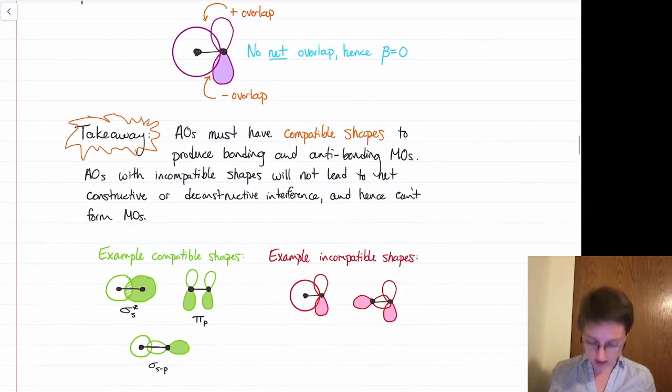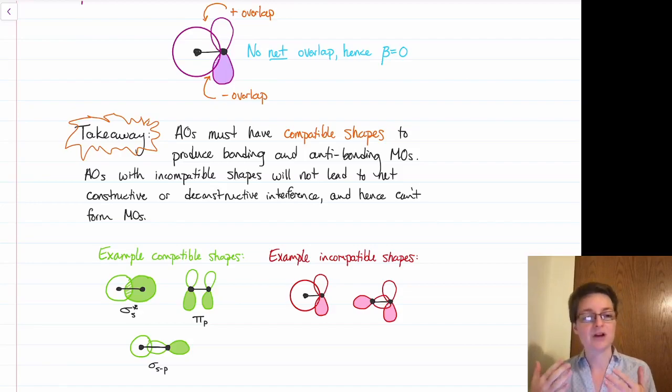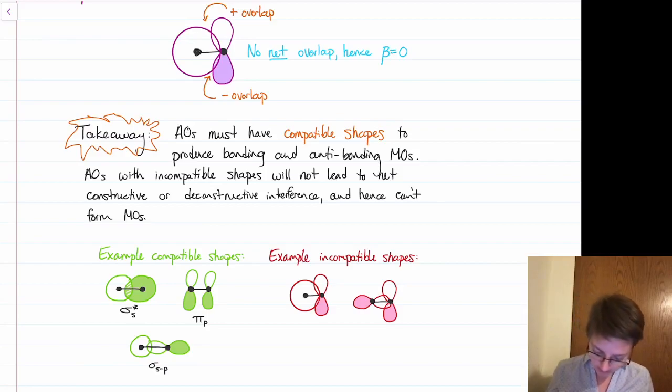And to make this concrete, I presented a couple of examples of types of orbitals that can overlap that have compatible shapes. You'll notice that the first two of these combinations are ones that you've already seen in lecture. We started off our discussion of MOs by talking about these sigma or sigma star combinations when two s orbitals overlap. So that's shown at left. And then we also talked about the combination that could form when two p orbitals overlap in a side-on fashion.